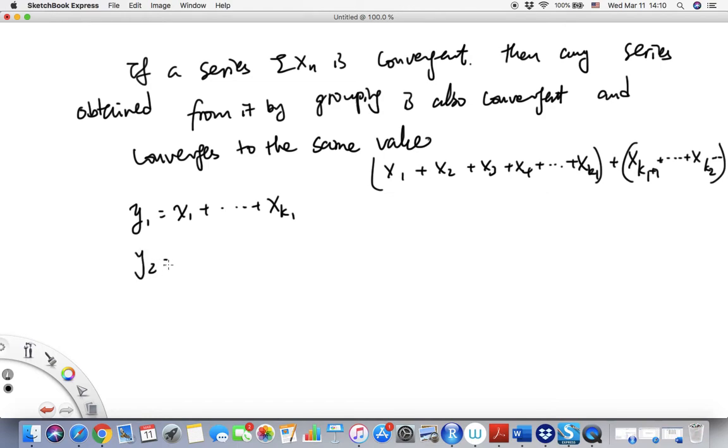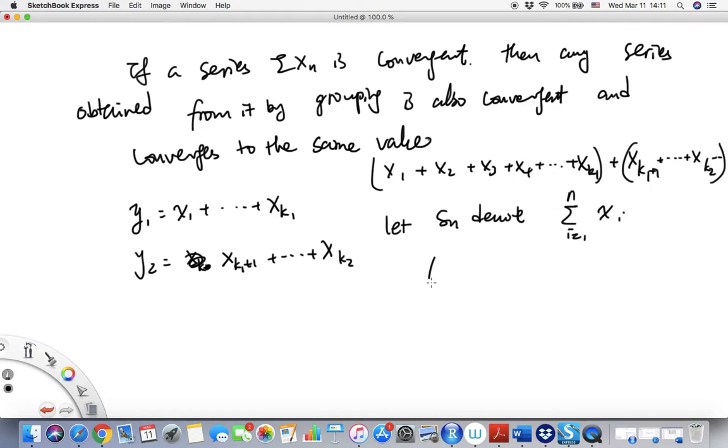So y2 would be x_{k1+1} plus all the way to x_{k2}. Okay, so let s_n denote the nth partial sum of x_n. So this is the sum of x_i, i from 1 to n.